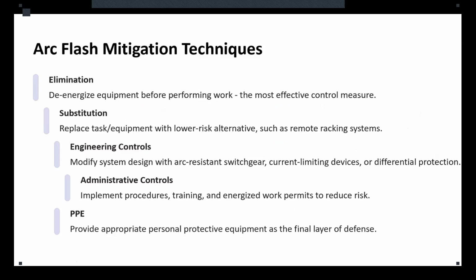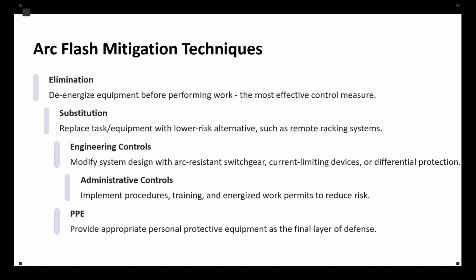Now that we discussed the arc flash, there are several mitigation technologies that we could use. One is elimination, which is de-energizing the equipment before performing the work. That's the basic one. We could have substitution, so replace the task with a lower risk alternative like a remote racking system. Or we could modify the system design with arc resistant switchgear or current limiting devices, or differential protection to reduce the arc time.